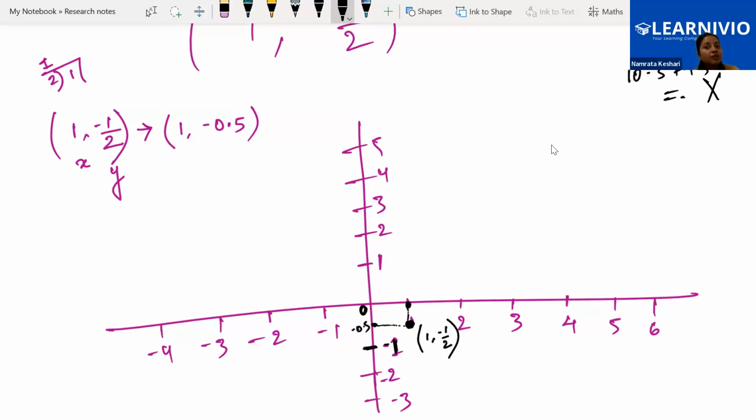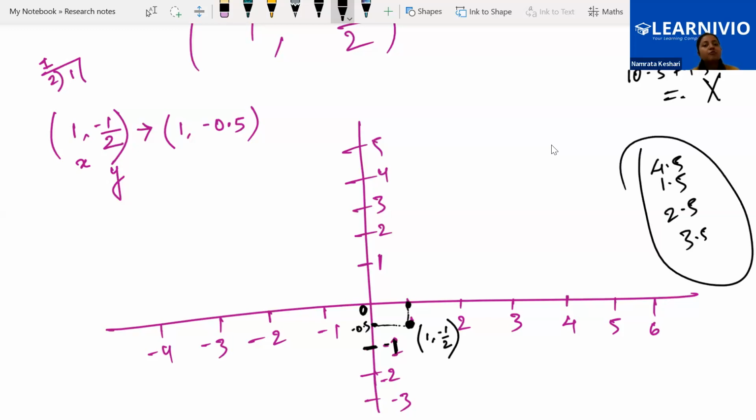If a fractional number is given, convert it to decimal, and you will get numbers that are easier to locate. 4.5 is exactly in between 4 and 5, and 1.5 is exactly in between 1 and 2. This is how we can locate the point.